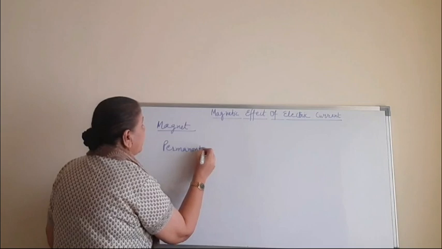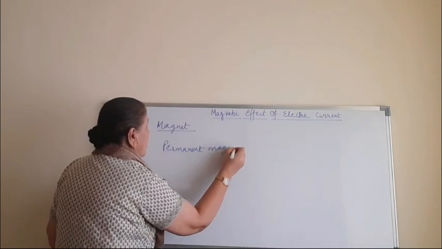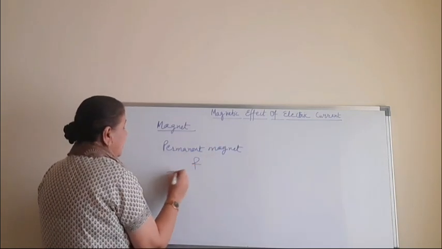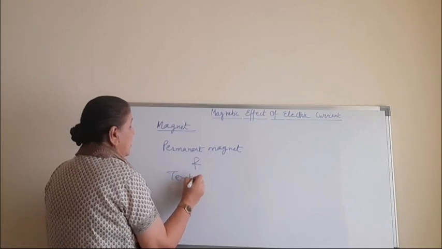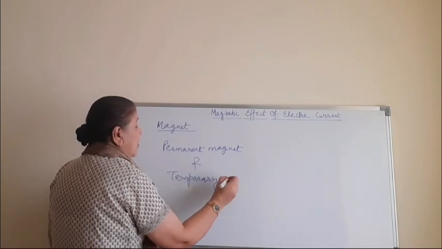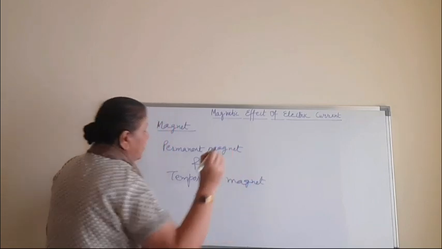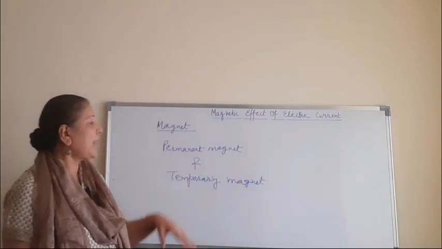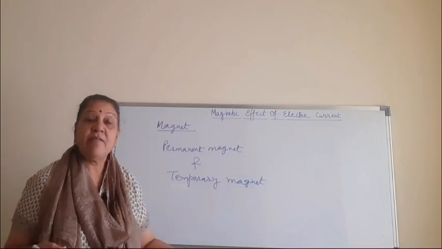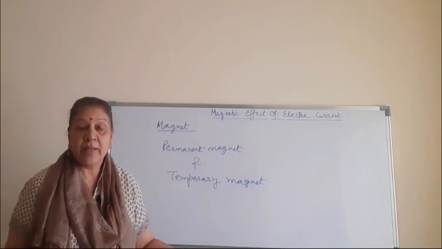So first, permanent magnet and a temporary magnet. So permanent magnet, as the name suggests itself, the magnetism property is permanent.